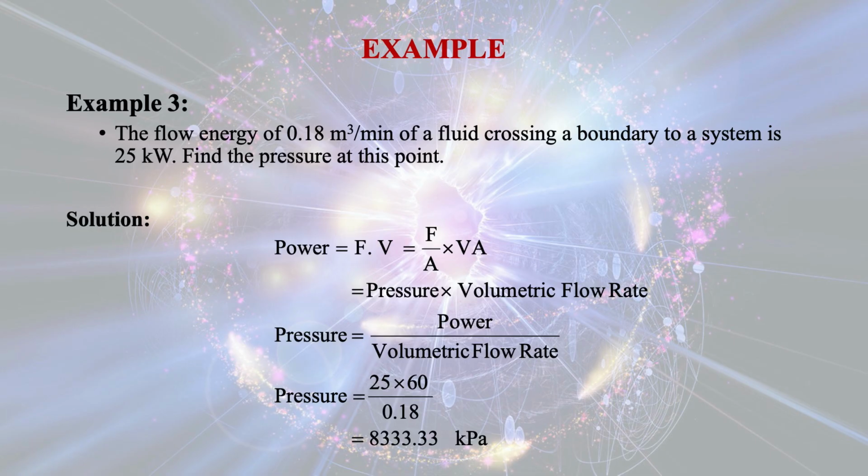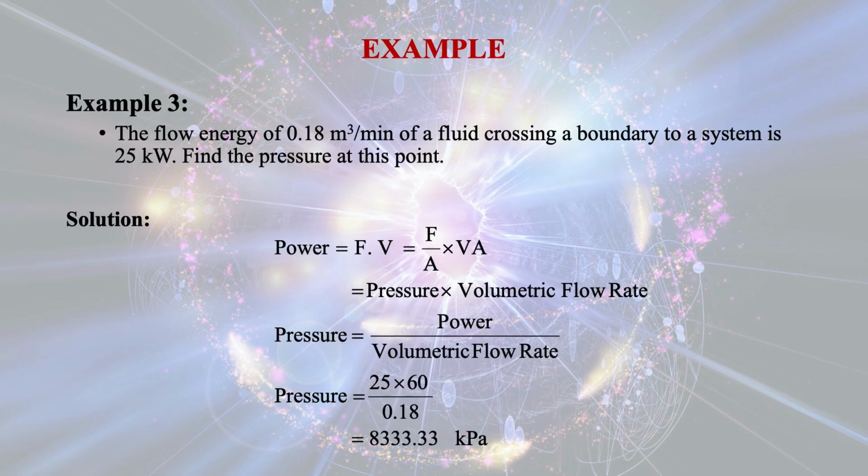So you divide F by A and multiply A with V, that means we are multiplying numerator and denominator both by A. So F by A, that is force per area, comes out to be pressure, and V into A, that is velocity and area, will be equivalent to volumetric flow rate. So from this expression you can calculate pressure is equal to power divided by volumetric flow rate.